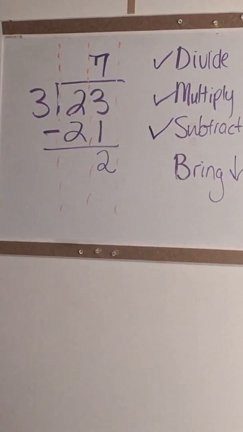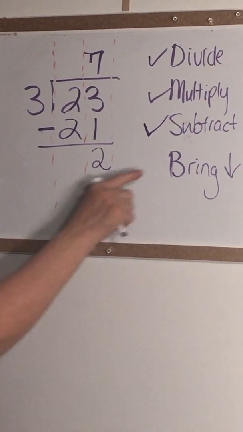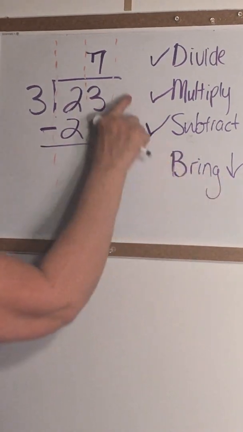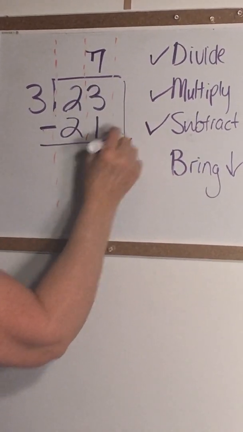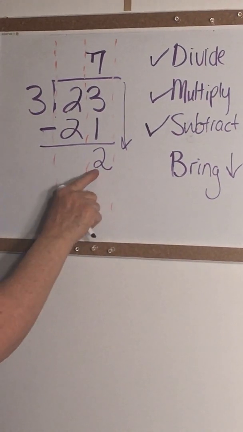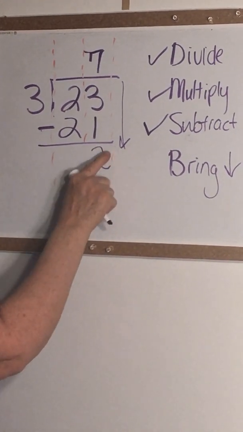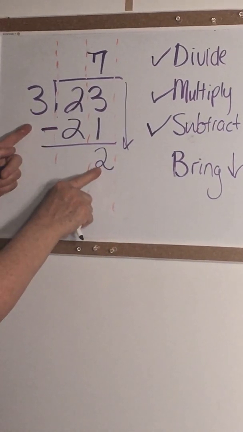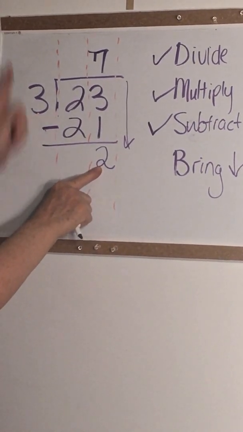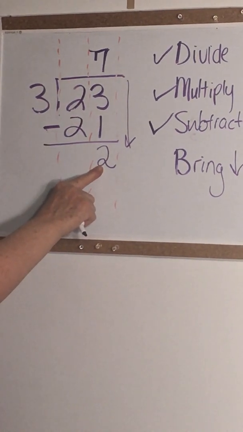Either way. So I did my subtraction problem. Bring down. Do I have a number here to bring down? Nope. Okay? Now, looking at this number, I can't divide it by 3 because 2 is not equal to 3 or larger. We have the same problem again.